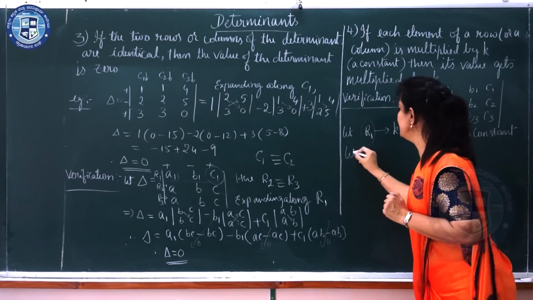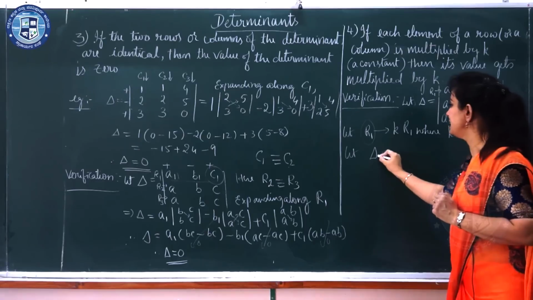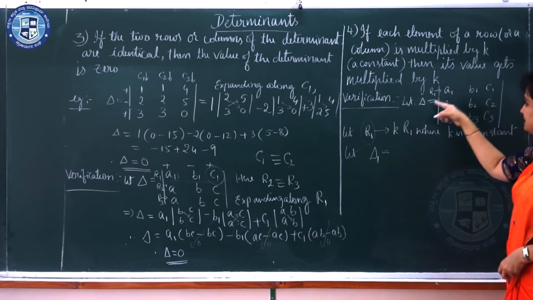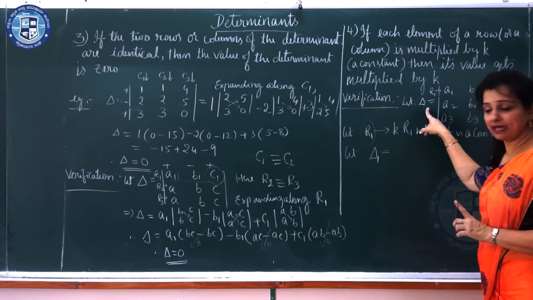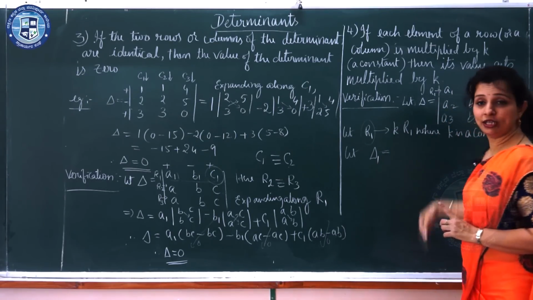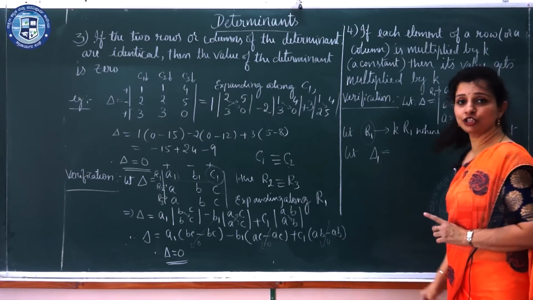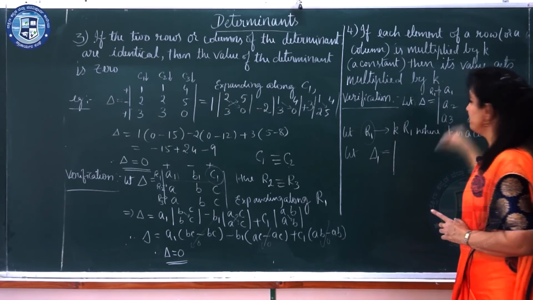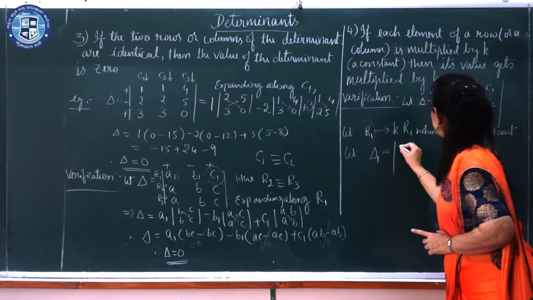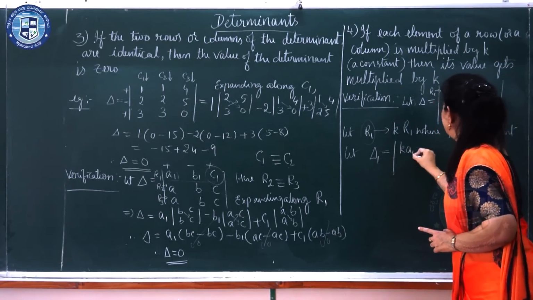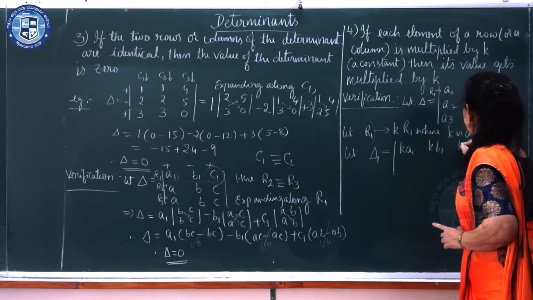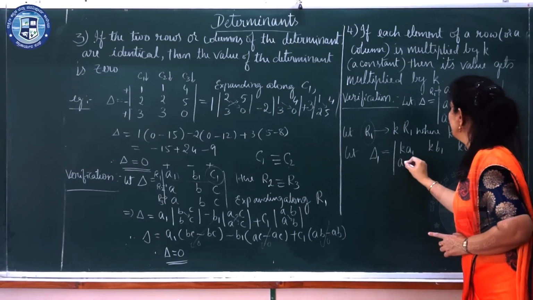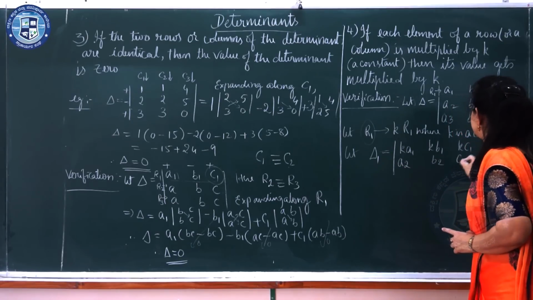Therefore, we will name the determinant as delta 1. The delta is the given determinant. Now we multiplied k to each element. So delta 1 is how much? Delta 1 is written as first row elements multiplied by k: k into A1, k into B1, k into C1. Second row A2, B2, C2.